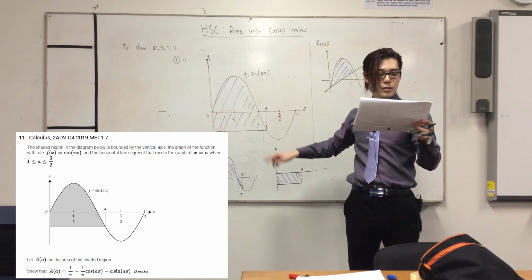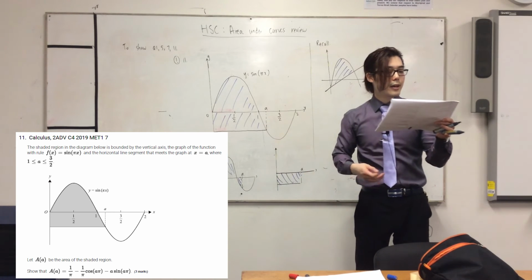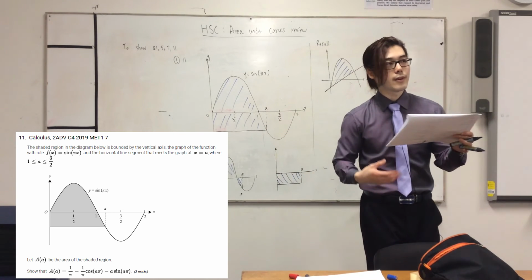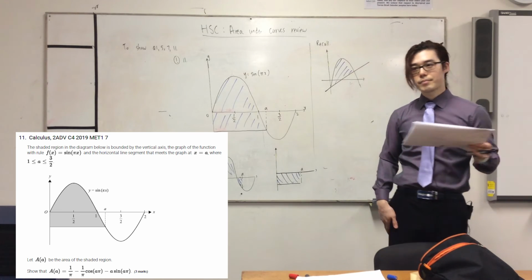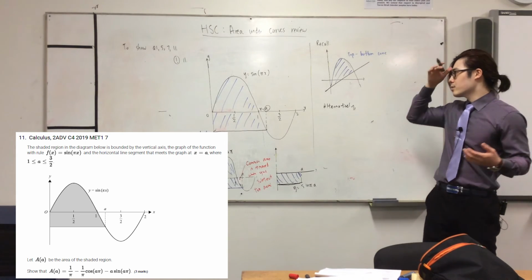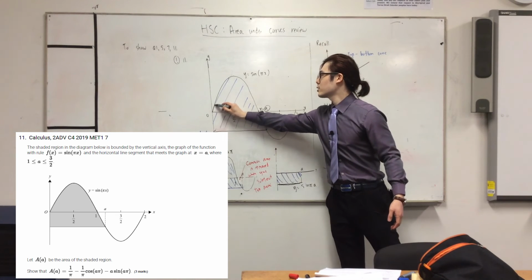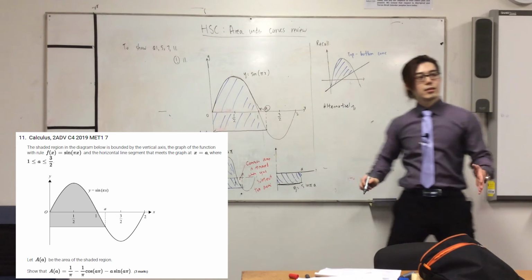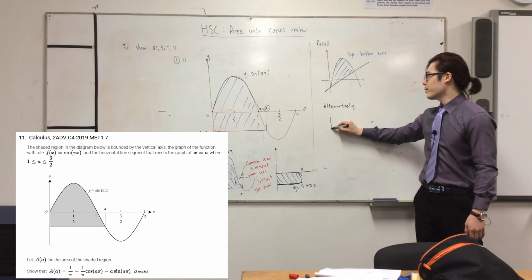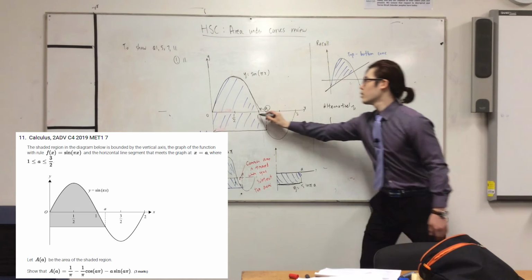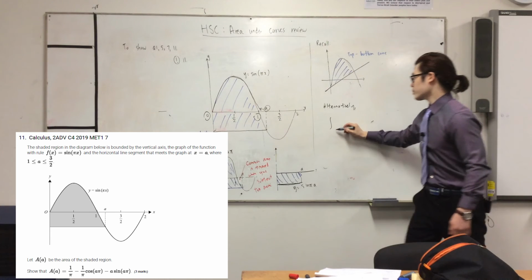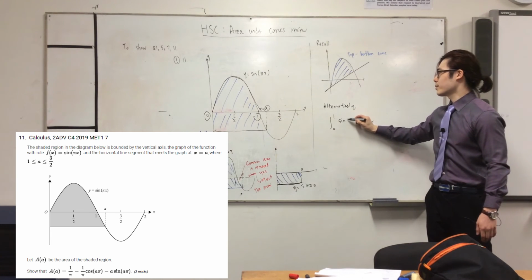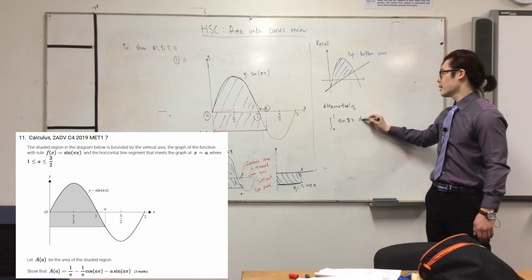Okay? Girls, here's the question. Let area be the area of the shaded region. They want you to find the area of the shaded region. Okay? Alternatively, girls, I think what you're saying is, let's just find the area between 0 to a. Is that what you're saying? Yeah? So if I find just the area between 1 to 0, and then that's for sine pi x, that's fine.